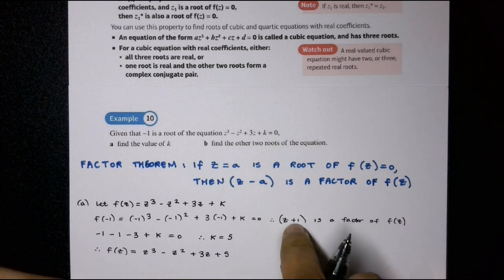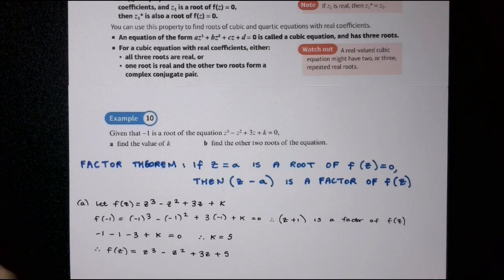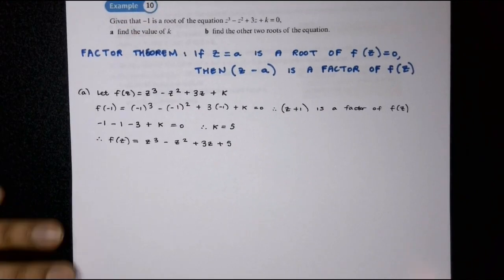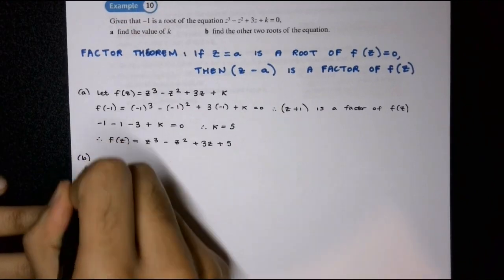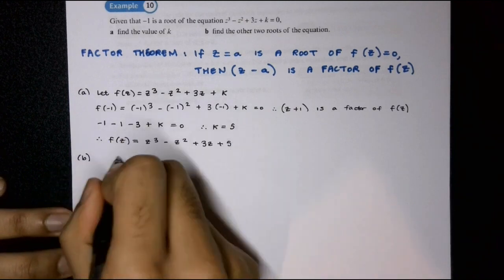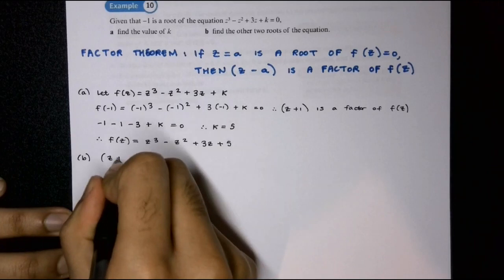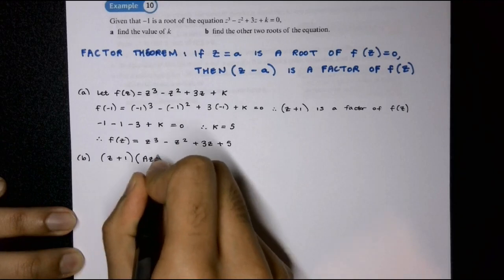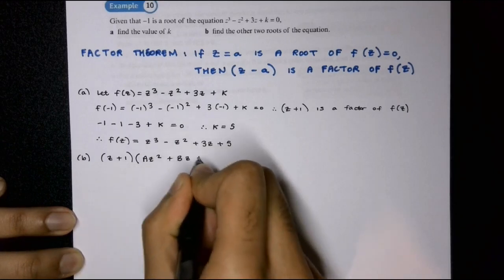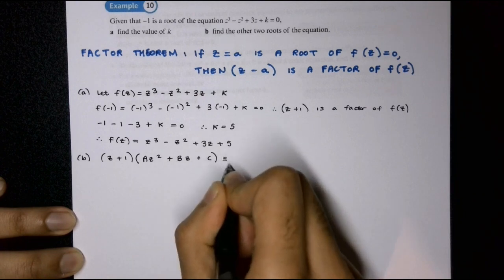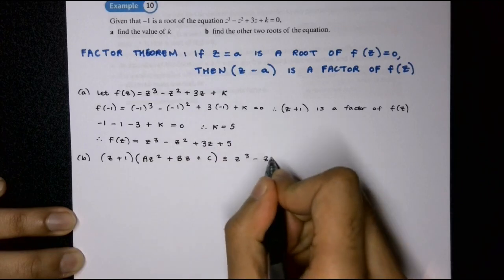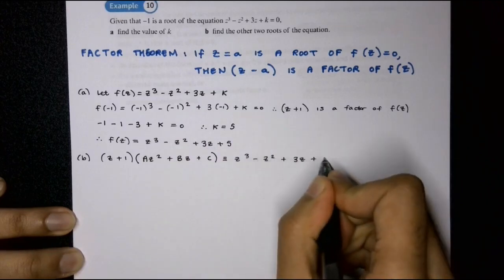We have a linear factor over here, and of course linear multiplied by quadratic gives cubic. So that's stuff you've met during your A-level studies. So for part B, we have z plus 1, our linear factor, multiplied by some quadratic factor az squared plus bz plus c, and this is all equivalent to the cubic over here, z cubed minus z squared plus 3z plus 5.